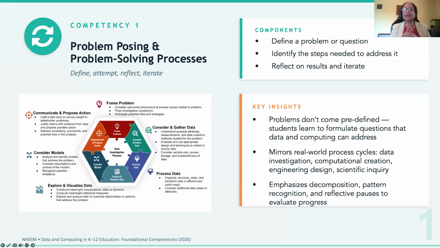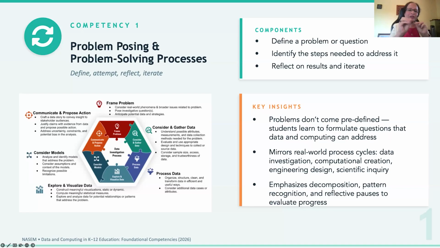And so a key insight for learners is that in the real world, problems don't come predefined, and answers are seldom achieved in a single step. Work proceeds in tentative steps with frequent pauses to reflect and course correct. And this basically mirrors process cycles that you see in various STEM disciplines and contexts.